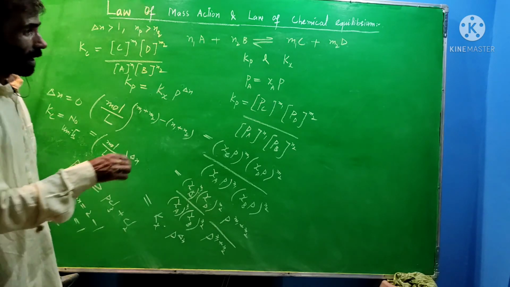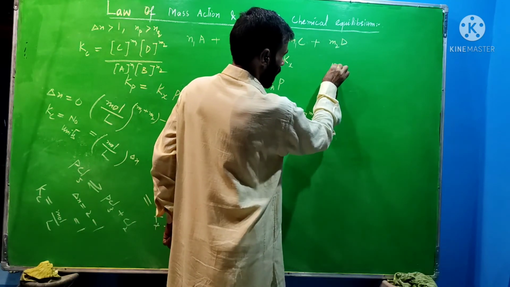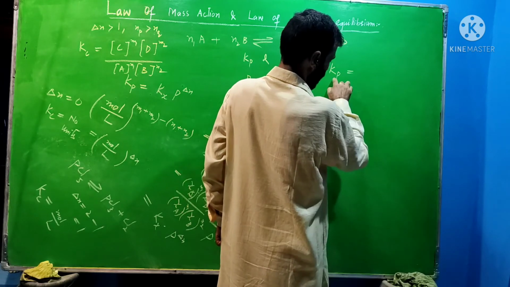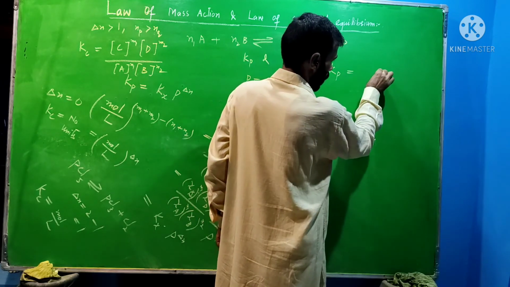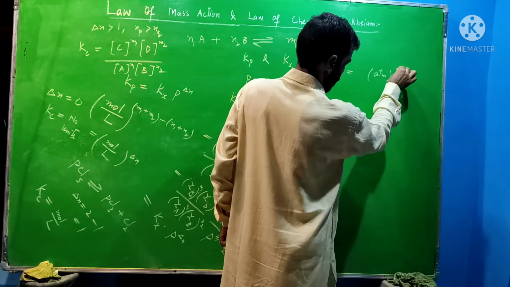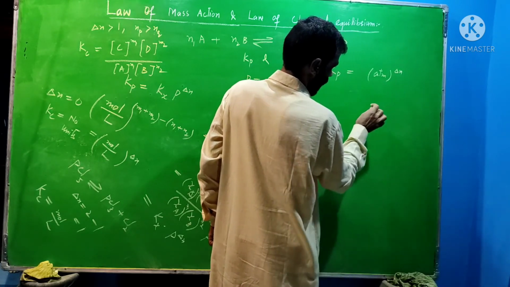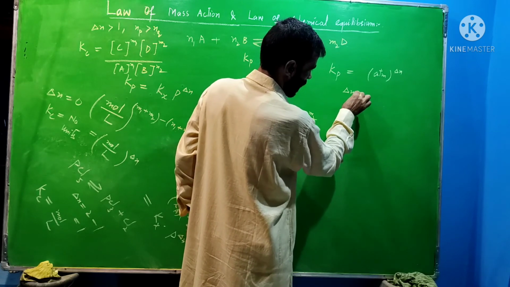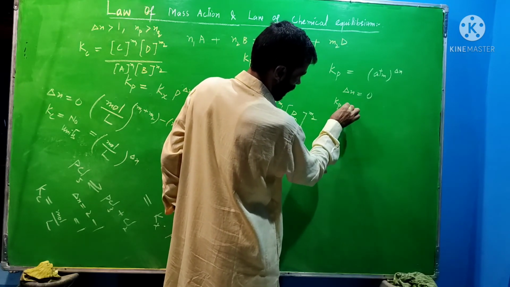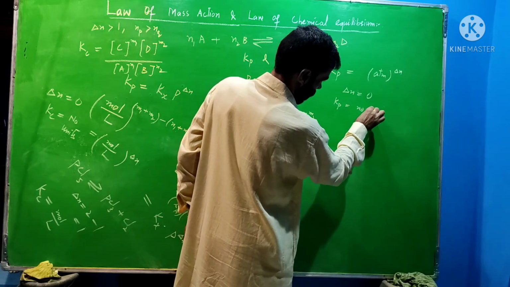Similarly, we can find the units of Kp. Again, here the term is in terms of pressures. We know the unit of pressure that we take is atmosphere, raised to delta n. Again, if delta n for a reaction is equal to 0, then Kp has no units.